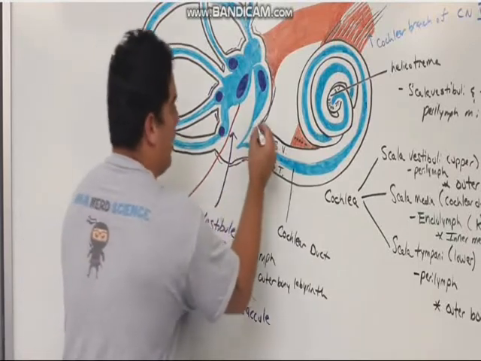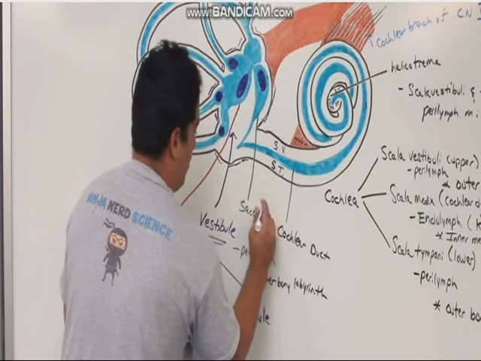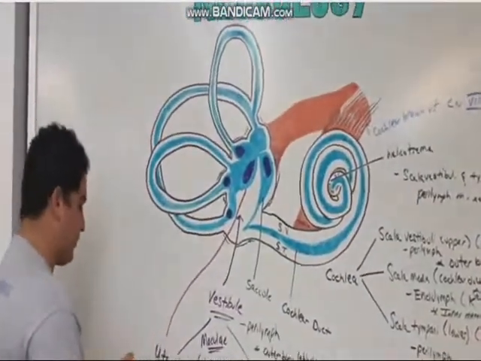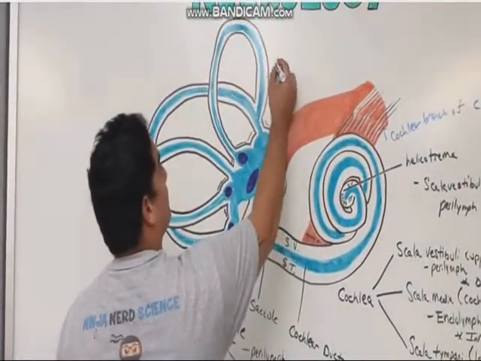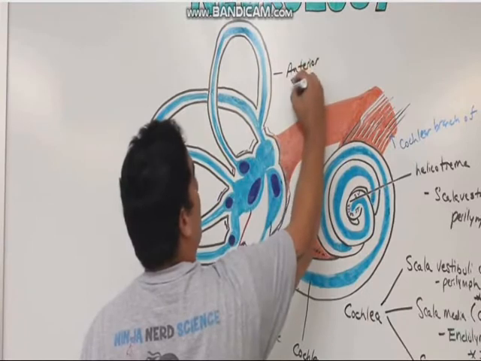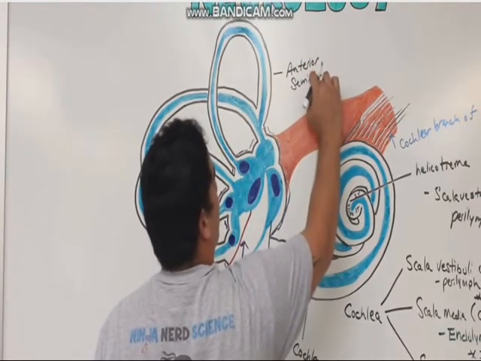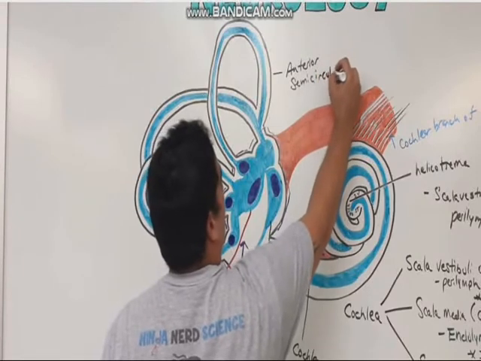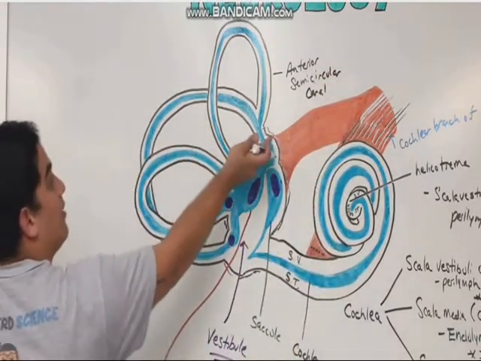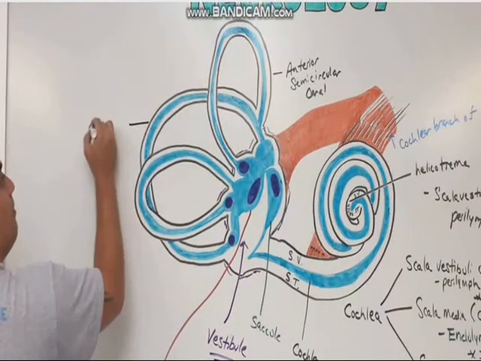This is the saccule and this is the utricle, and there are three semicircular canals. Also there is a bony part and a membranous part. This is the anterior or superior semicircular canal. There are two vertical and one horizontal.